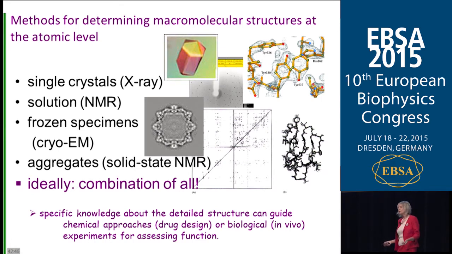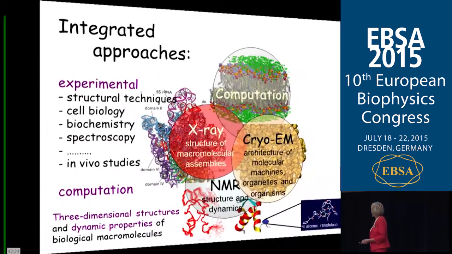But if you really want to solve a biological problem and get an answer that is meaningful, it is best to really combine all of those methodologies, because only if we do that can we understand a system in detail and maybe exploit it either for drug design or to design new experiments that will probe function.